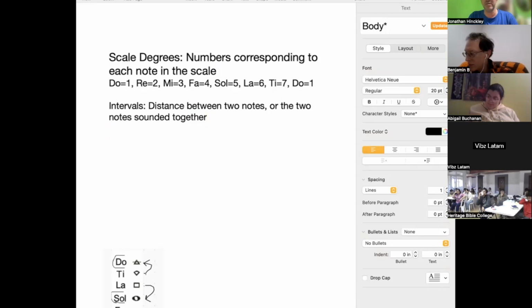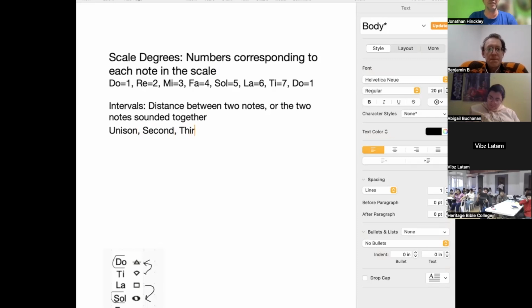And remember, the most basic interval is a unison, right? Unison means one person is singing one note and the other person is singing the exact same note. Unison, okay? Then the next one would be a second. That would be like, for example, do and re together.